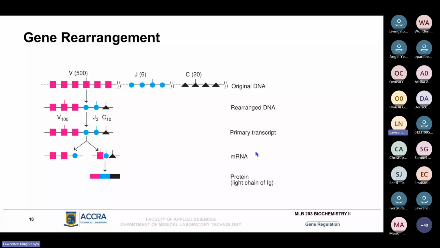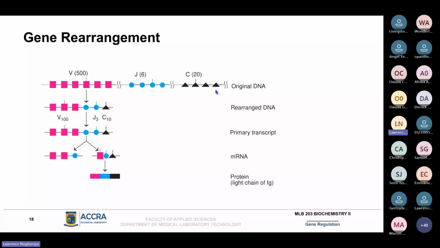So you see it being depicted here that yes, there's some portion here, the red portion, the blue portion, and then you have the black portion, different sections of the DNA molecule that are coding for different proteins.